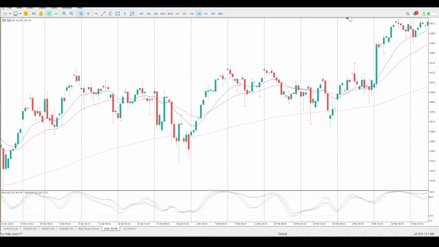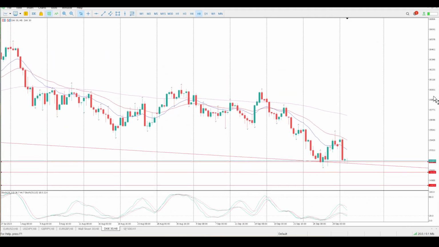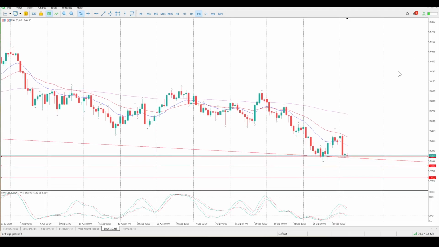So the minute we start drilling down through the time frames, let's just start with the 8 hours we usually do, and we didn't really bounce off. I suppose we could argue that we bounced off there, but that was done on Friday, and then we came back to test it with a little gap up.